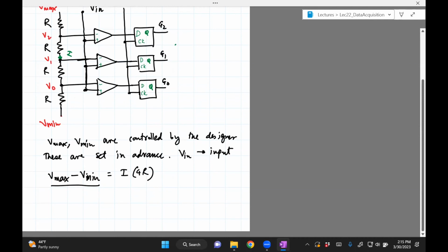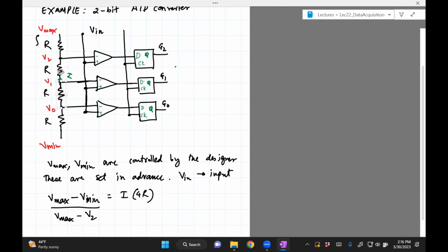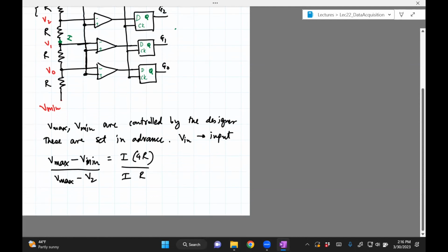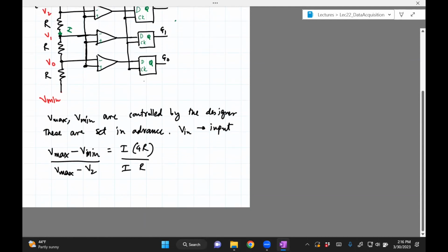Similarly, we can write Vmax minus V2. So this is the voltage drop across these two. It will simply be I times R. So clearly we can simplify this. We're going to move Vmax minus V2 up. Vmax minus V2 is 1/4 of Vmax minus Vmin, divided by 4.